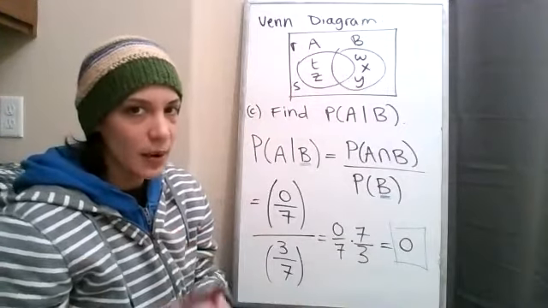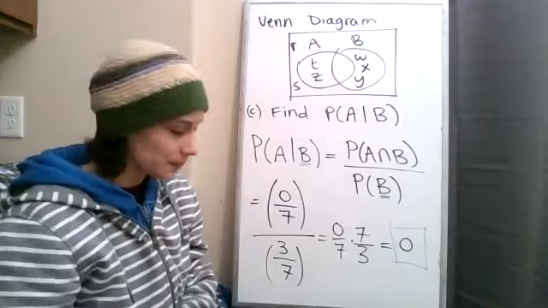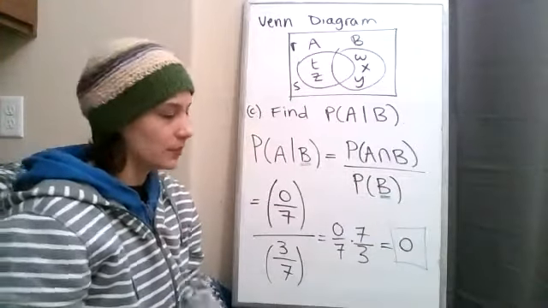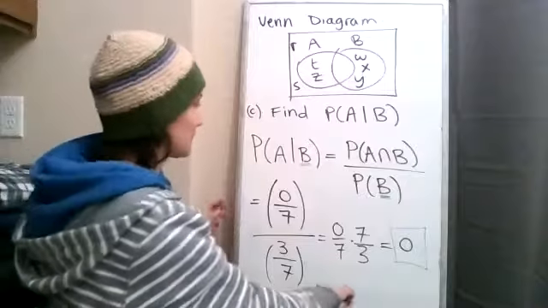Let's find the probability of A union B. And we'll keep on going to new examples.